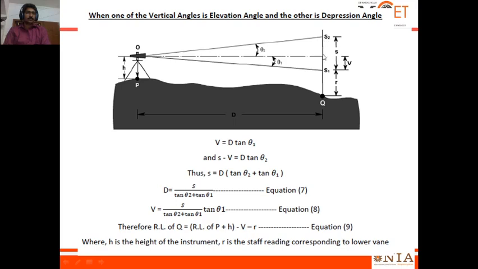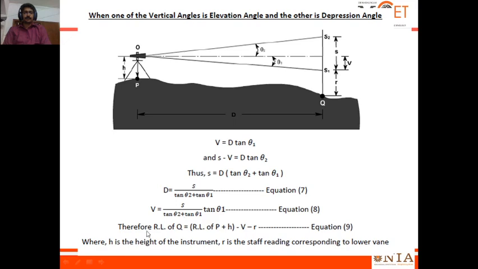What is this opposite side? We can get it as S minus V, right? So S minus V is equal to D tan theta 2. By equating the equations, you will get S is equal to D times tan theta 2 plus tan theta 1, that is theta 1 plus theta 2, right? So V is equal to S tan theta 1 by tan theta 1 plus tan theta 2. In this third case, the denominator has the positive sign, right?